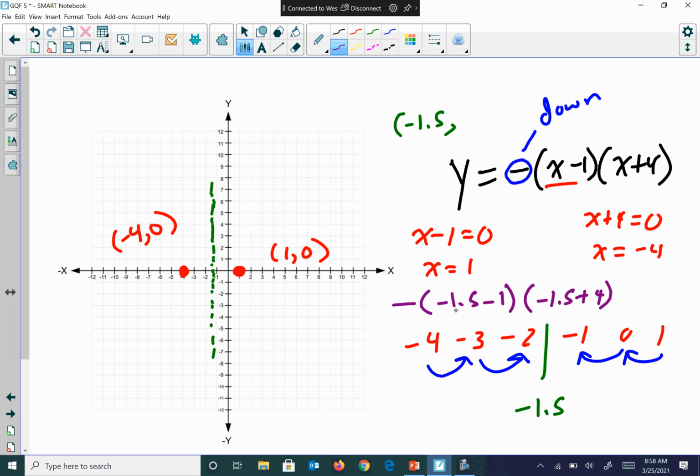I keep getting the 6.25. Okay, remember we said this parabola is opening down? Well, if I'm at negative 1.5 at 6.25, you're right up here. Does this make sense that our parabola is going open downward? I hope so.